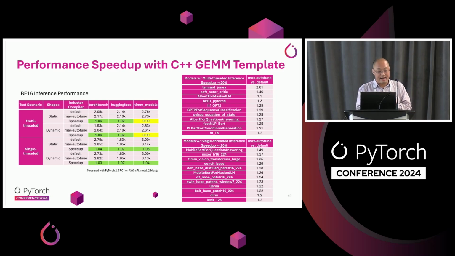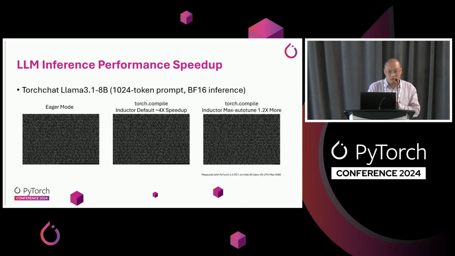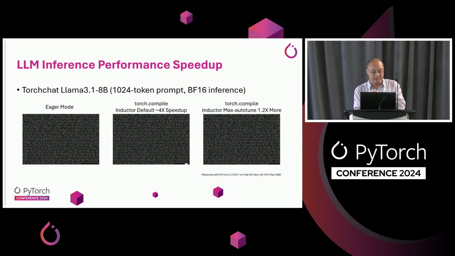As we can see, even though this is just the end-to-end model speedup, and not all models are heavy in GEMMs, the speedups are still promising, with some models having more than 20% speedup over the default compilation mode, especially the NLP models and the recommendation models, which are heavy in GEMMs.